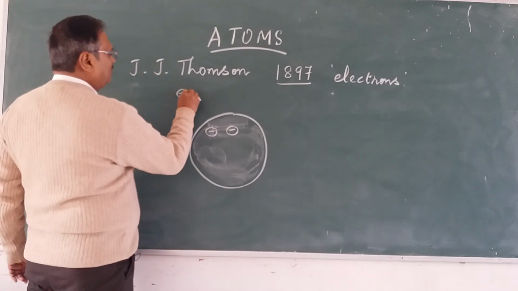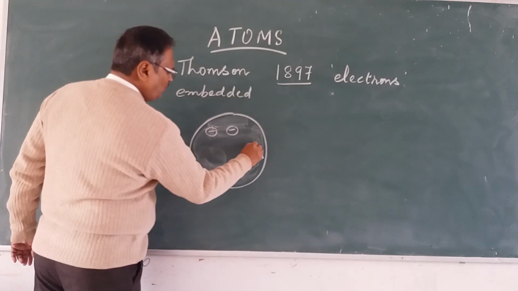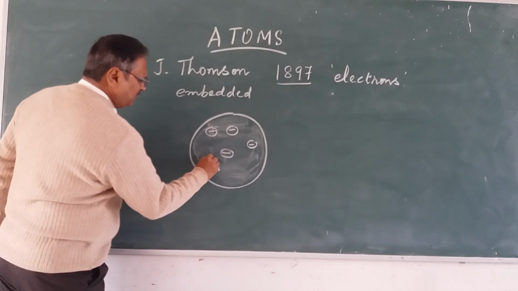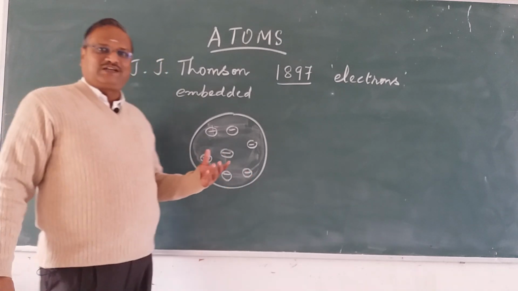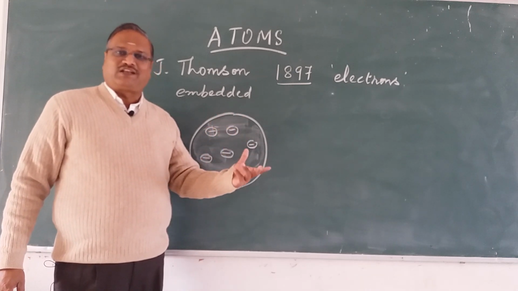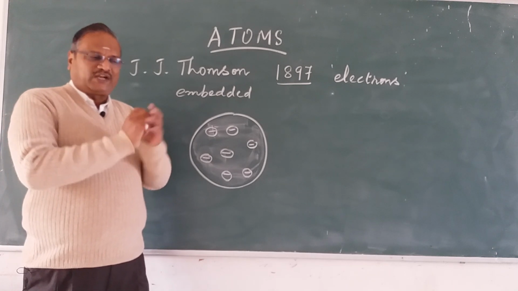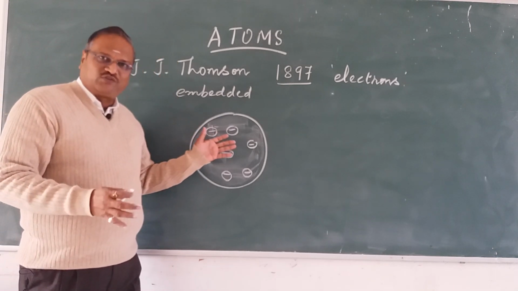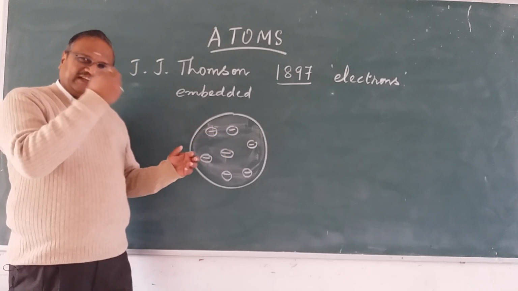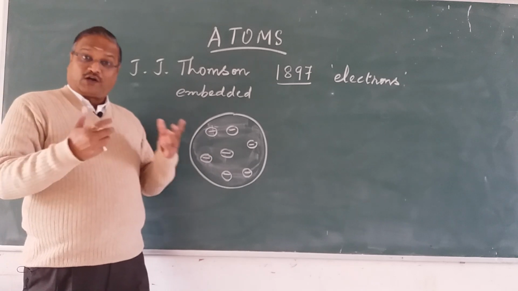This was the thought of J.J. Thomson. This is also called the watermelon model. You see the watermelon which comes in the summer season: the whole red part you can imagine to be the positive charge, and the black seeds are like electrons. That is the watermelon model.